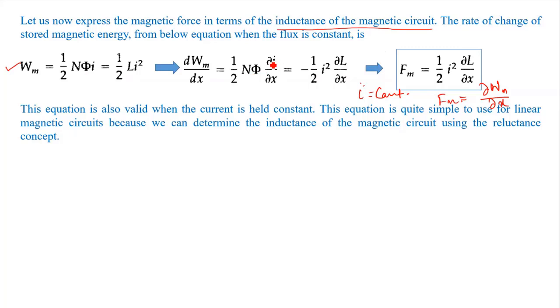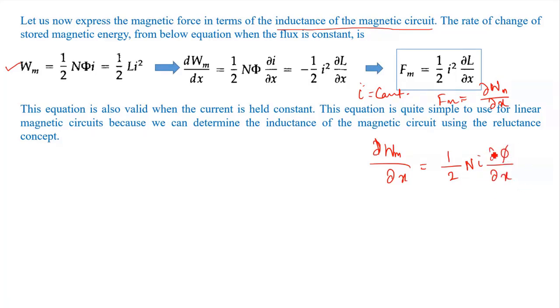So here instead of current, you take the partial derivative with respect to flux, so I can write delta Wm by delta x as half of Ni delta phi upon delta x, because current is constant.